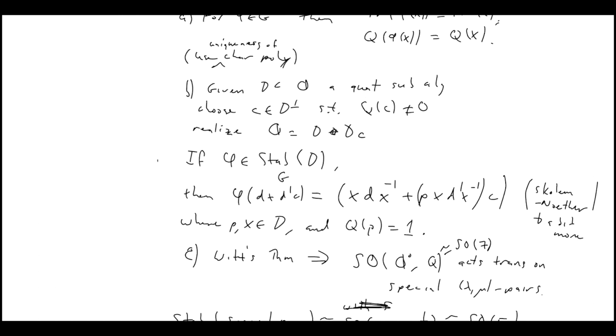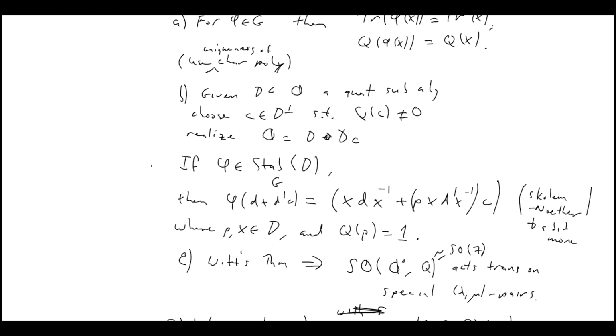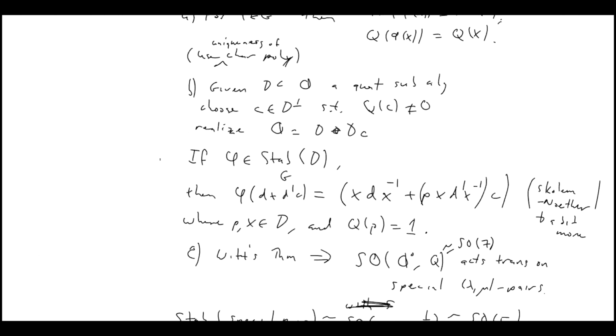X is an invertible element in D. And so X is also going to act trivially on the right-hand side in that second component. What's left over are these elements P, invertible elements of the quaternion subalgebra with quadratic form 1.